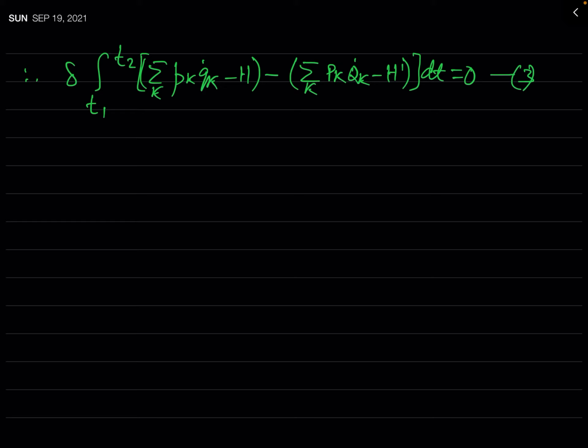Now you can see that this equation 3 will remain unaffected if we add or subtract from it the total time derivative of an arbitrary function f, which will be a function of q, p and t. I will check how, when we add or subtract from this integrand a total time derivative of an arbitrary function f of q, p and t, the result will remain unaffected.